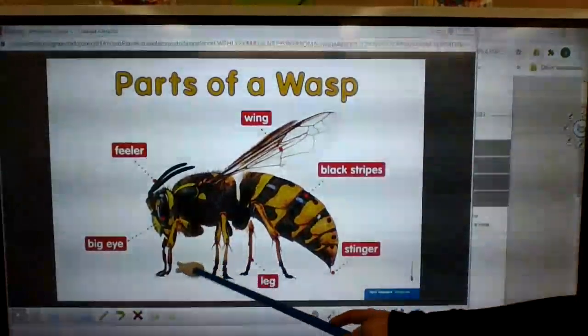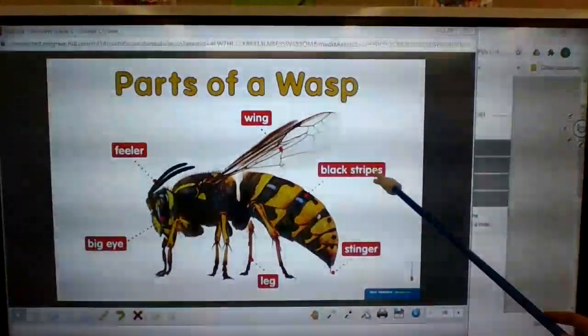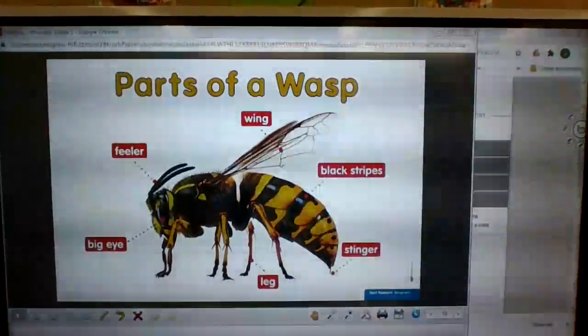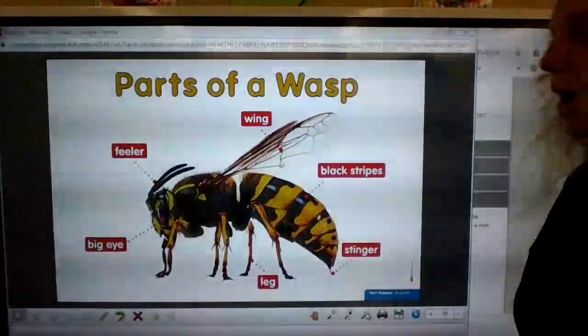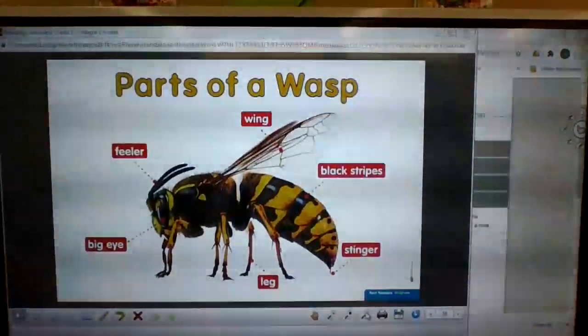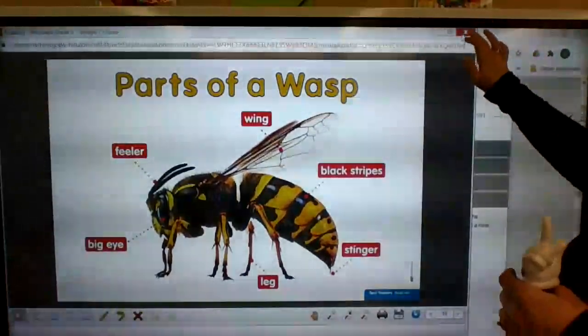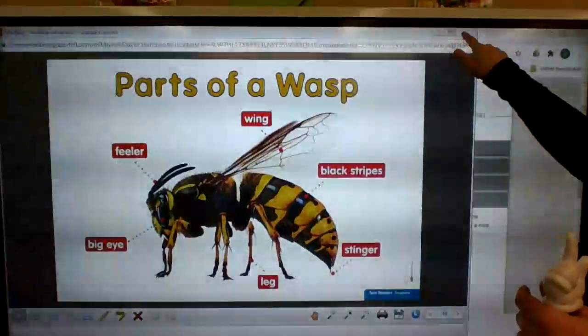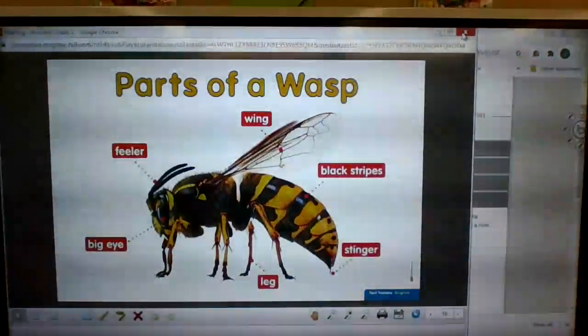So these are all his legs. It's labeling one of them. And then black stripes, and it's pointing to the black stripe on his back. So that's parts of a wasp, showing the different parts. All right, so this week, I thought it was going to work for me. Let me go switch it from over here.